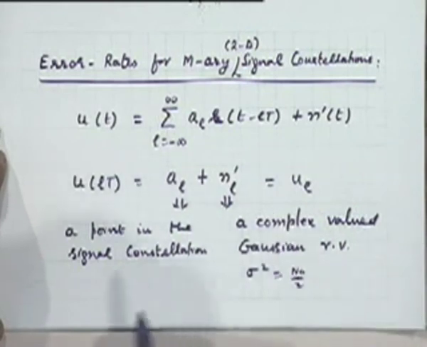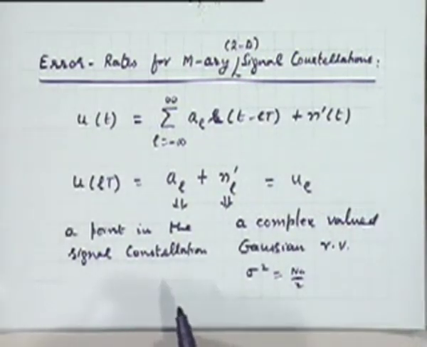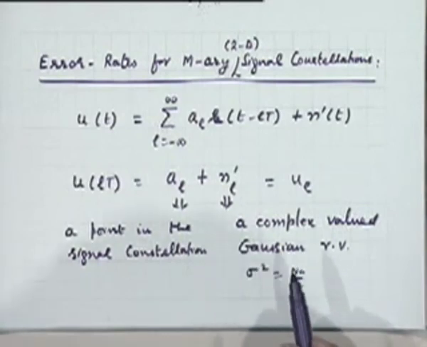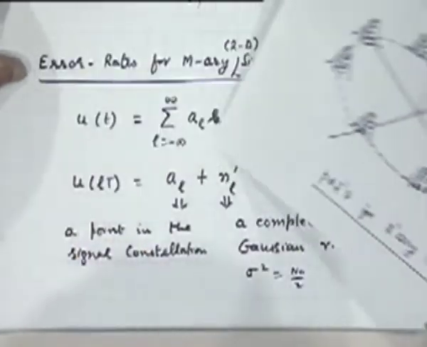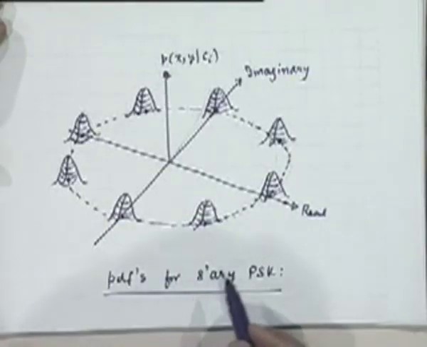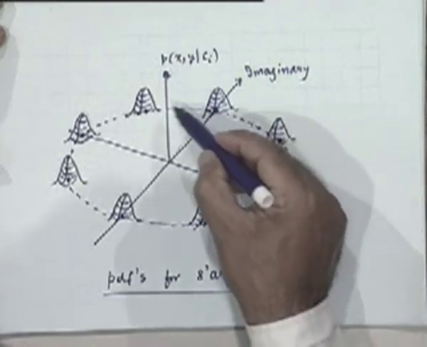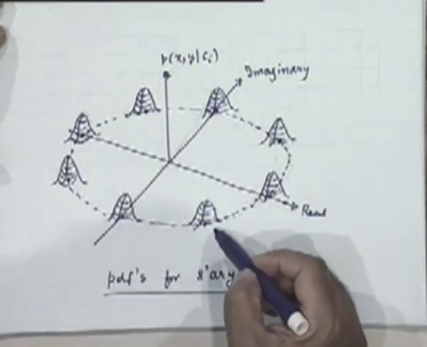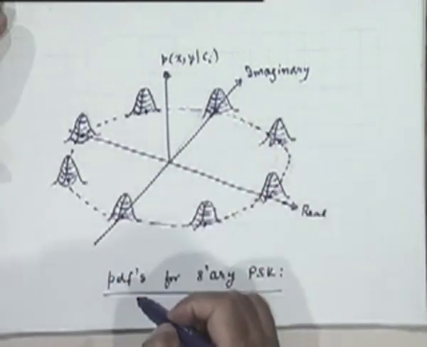Let me illustrate this for the case of, let's say, an 8-phase PSK system. That is an example of a two-dimensional signal constellation of this kind. So we'll have a situation like this, for 8-ary PSK. These are the 8 points in the signal constellation diagram lying on a circle.